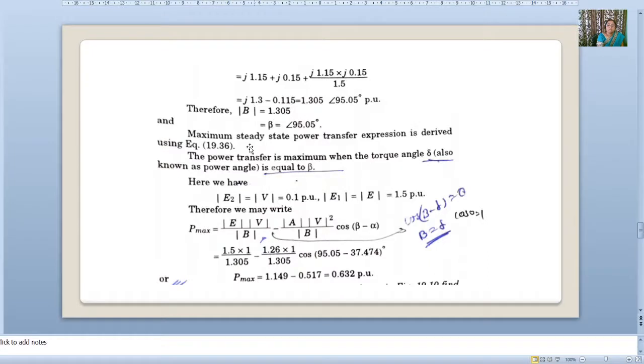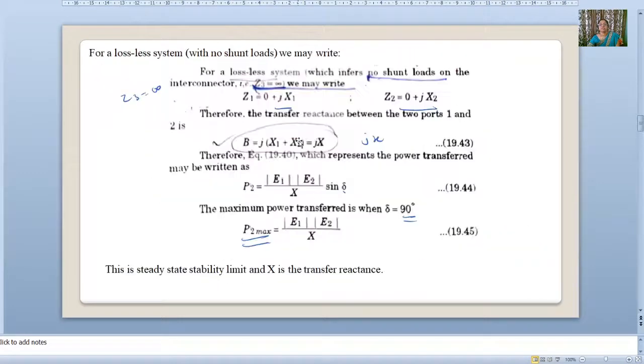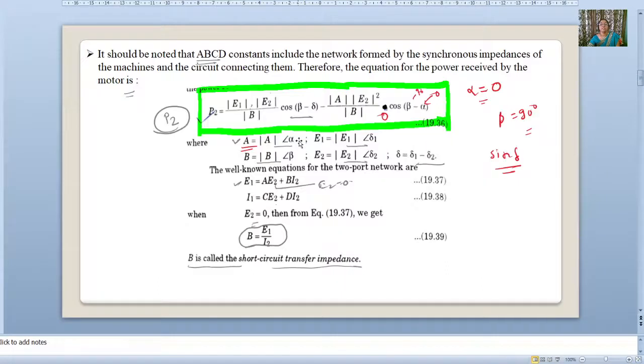Maximum steady state power transfer is derived using equation 19.36. Already I have explained this equation. When resistance is there, in that case we need to use this formula.